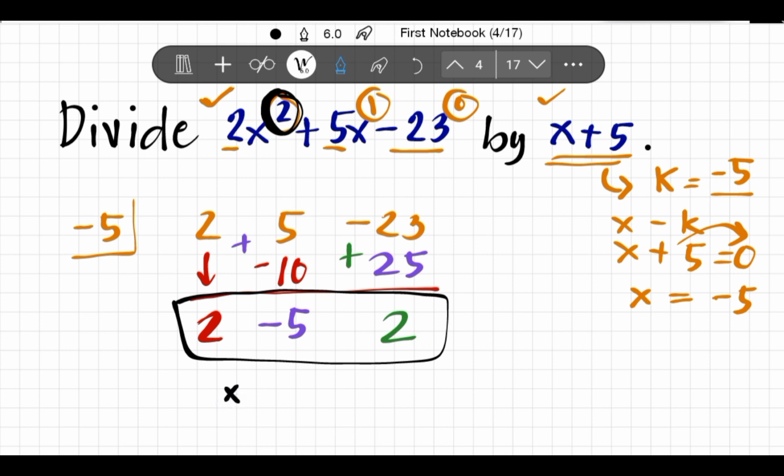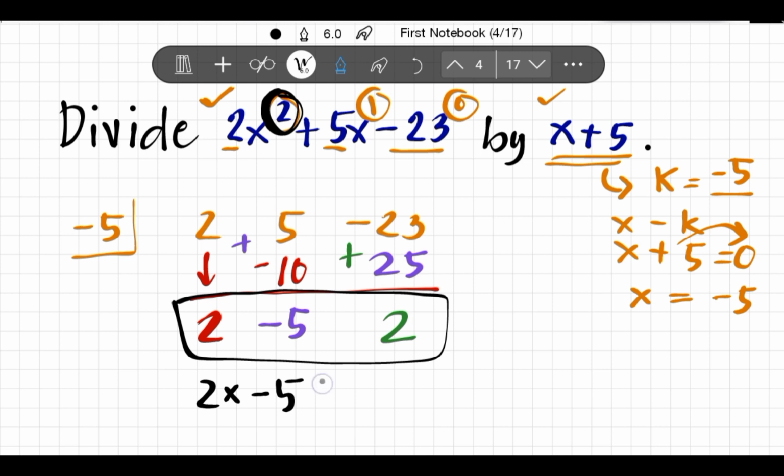So x raised to 1 or simply x. And negative 5 will be the constant. So you just copy negative 5 and bring down the 2. So 2x minus 5, and this one is a positive 2 or a remainder of 2.